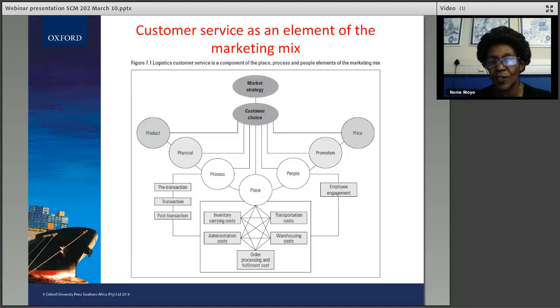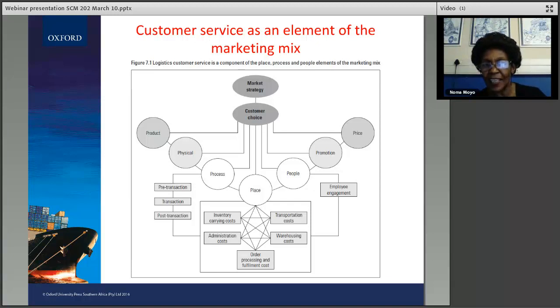We know that on processes there are pre-transaction, transaction, and post-transaction, and on place we are looking at warehousing, inventory costs, administration costs, order processing, and then people, we are looking at employees engaged. Promotion again has to do with customer service.